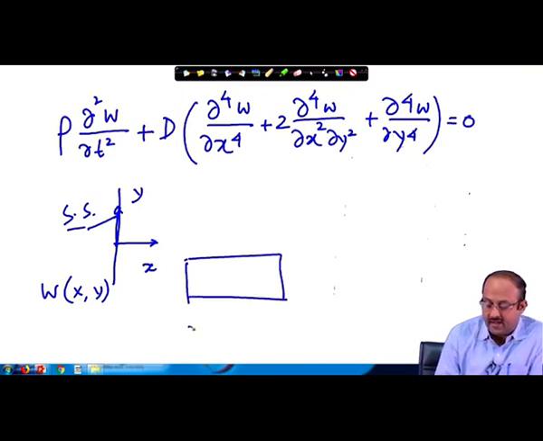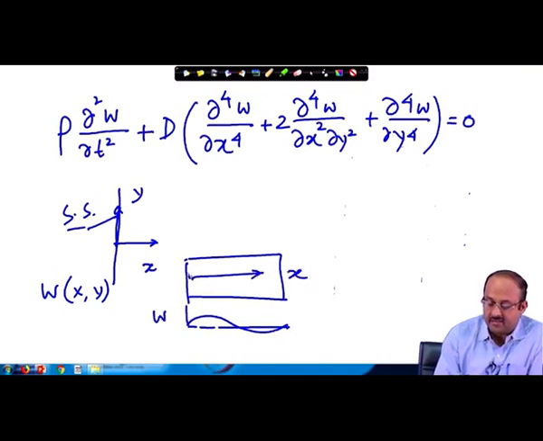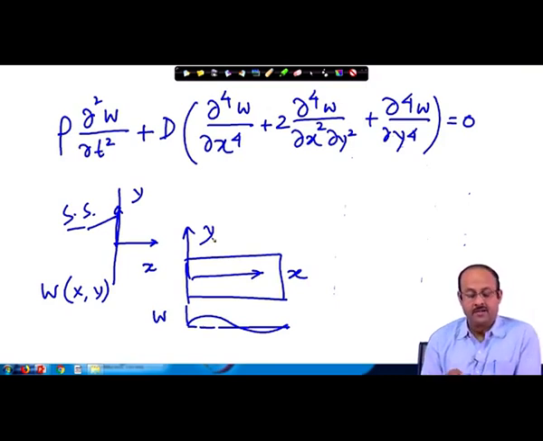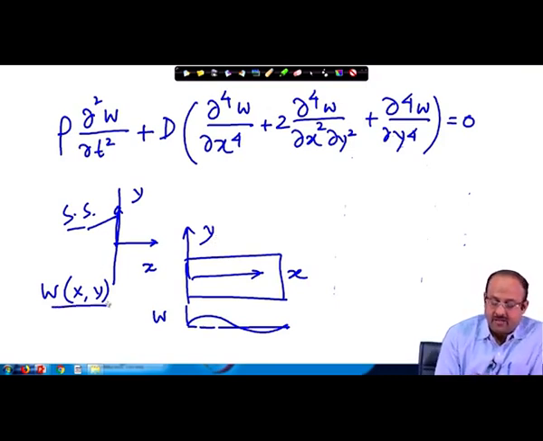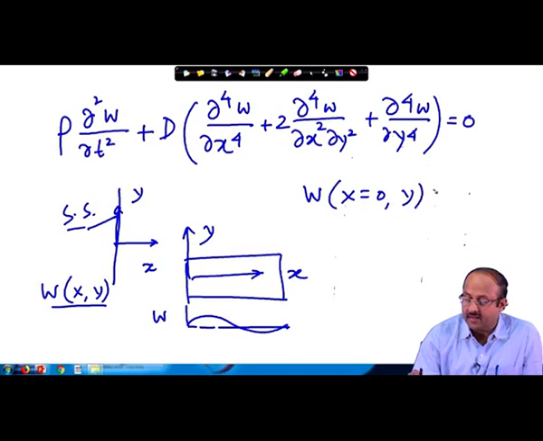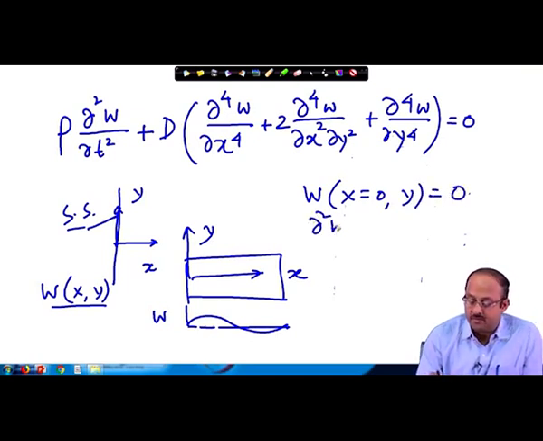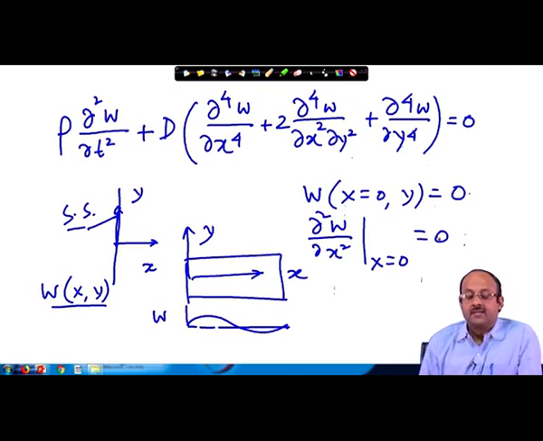So, in the simply supported boundary condition, we have W at x equal to 0 for any y that is equal to 0, and del 2 W del x square at x equal to 0, this is equal to 0.